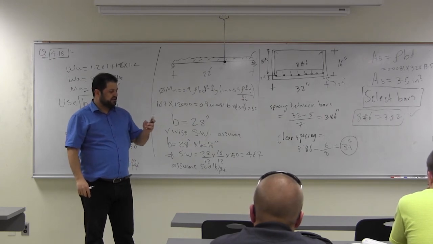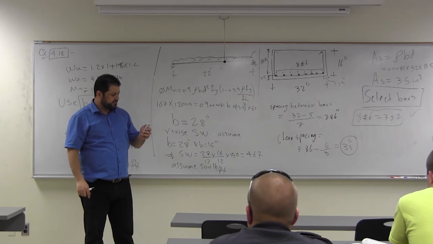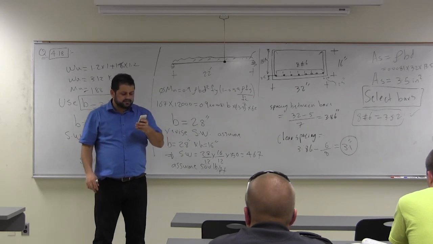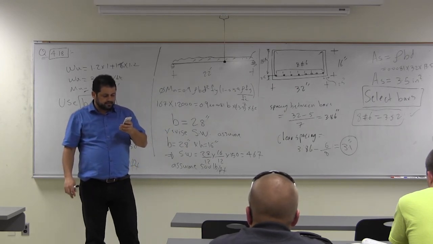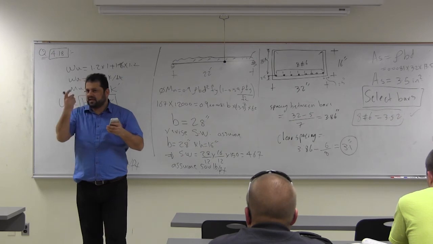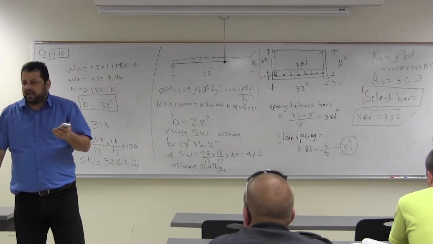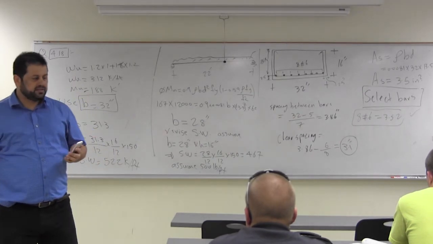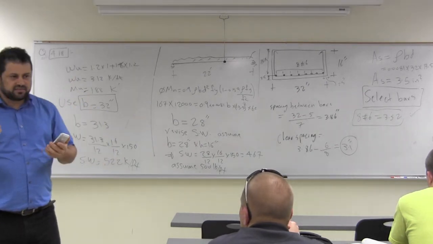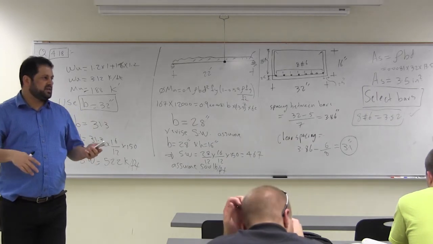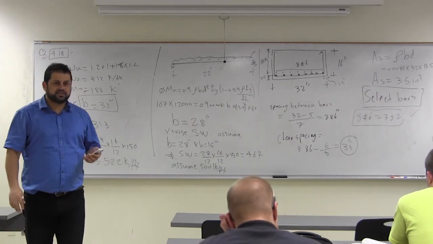And usually, just for good to know, usually the clear spacing is bar diameter equal the bar size, 1 inch, 1.33 diameter of the aggregate size within that range. 1.5 the size of the bar, 1 inch, which is based on the maximum aggregate size if we're using something, let's say 3/4 inch.